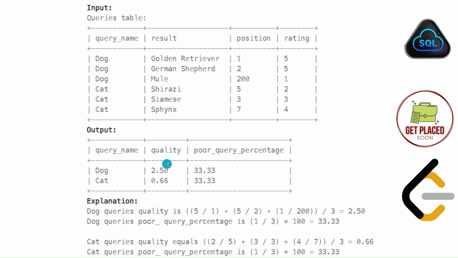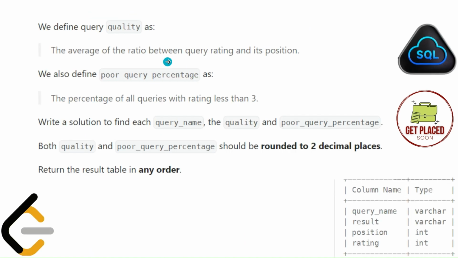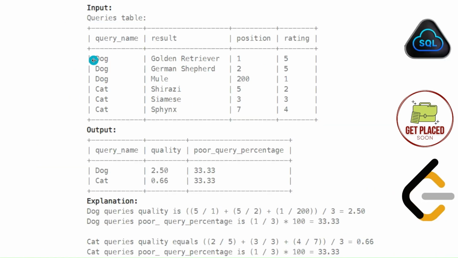For dog the quality is 2.50. Because what is quality, as mentioned here? The ratio between query rating and its position. After finding the ratio, we are supposed to do the average. First, let's calculate the quality for dog. For dog, you can see we have rating and position values. For this entry, the ratio is 5 divided by 1.